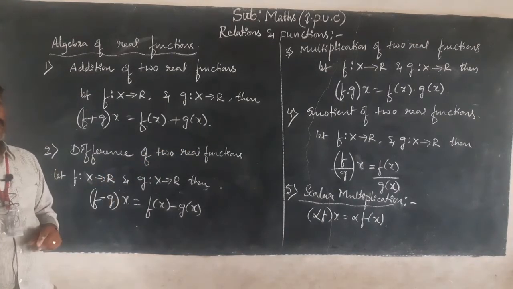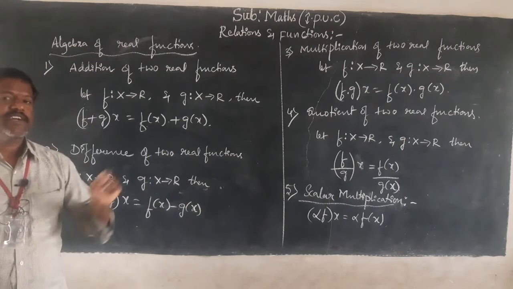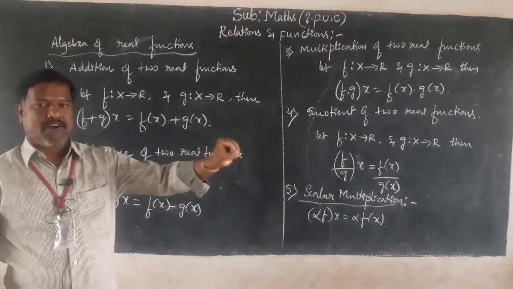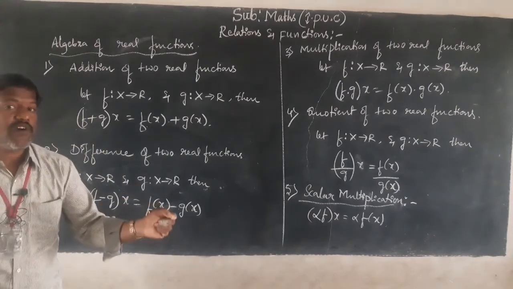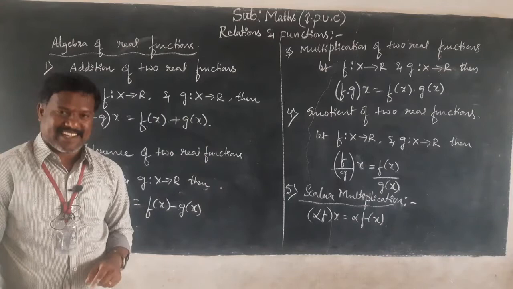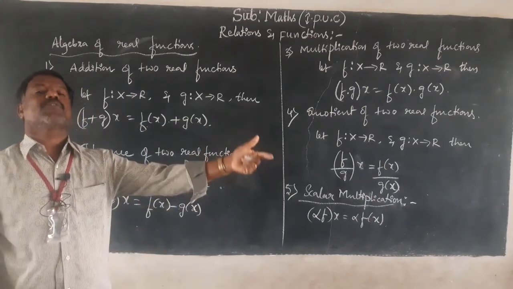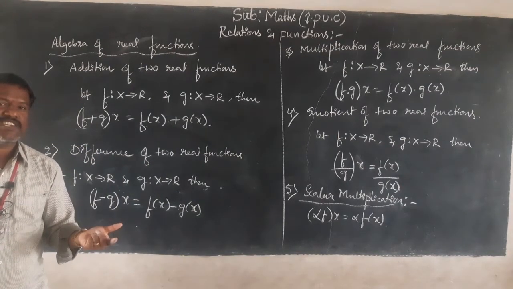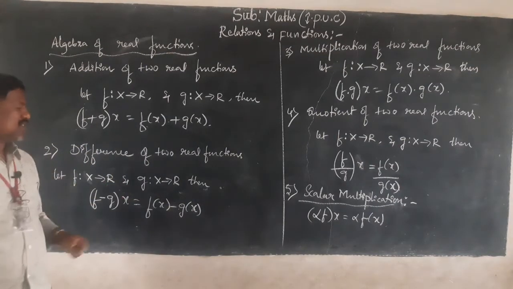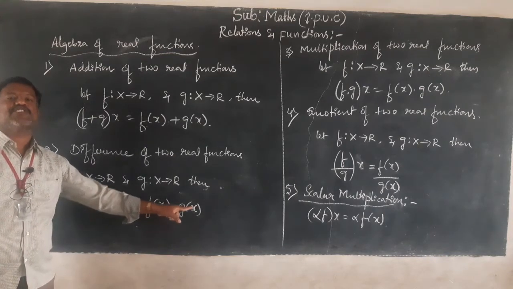Here also we have f of x and g of x, then f minus g of x is nothing but f of x minus g of x.